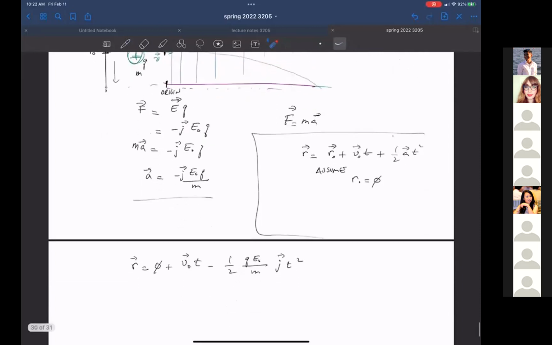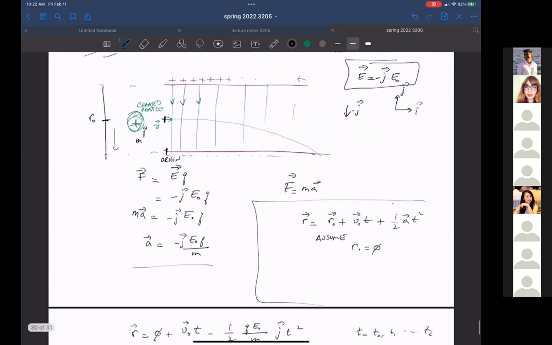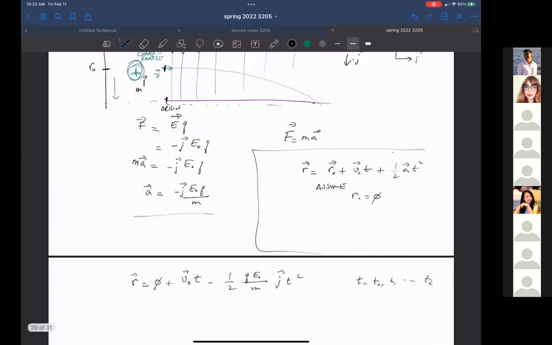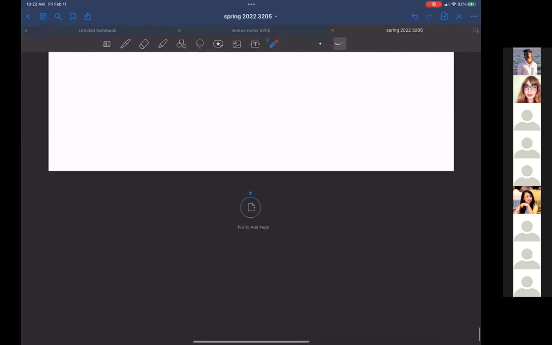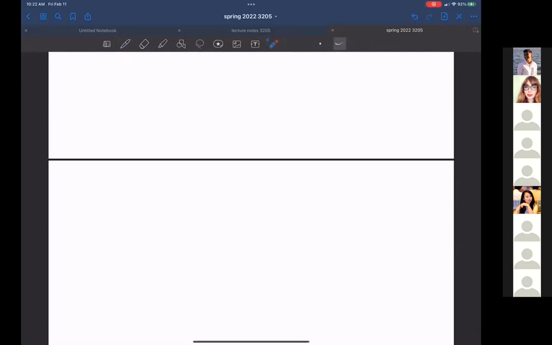At any point, we just plug in a t, right? T0, T1, T2. And then we can figure out where this guy is going to end up. So that's an example of how you can use this electric field on a moving charge. Then let's look at another example.